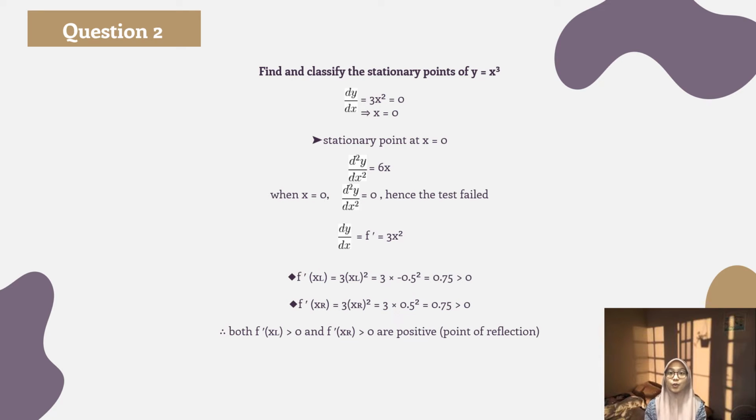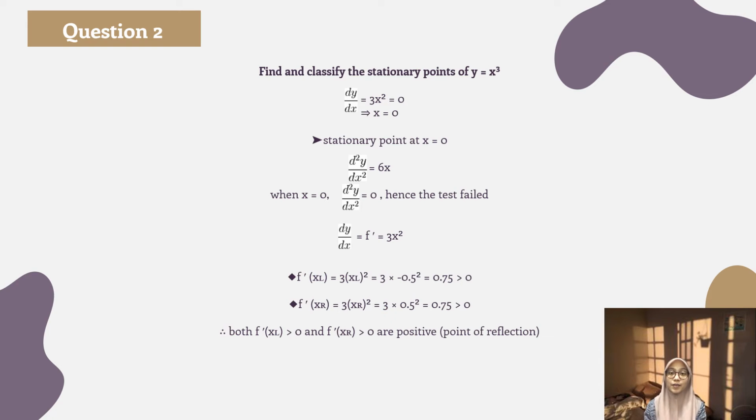Now as dy/dx = 3x², we have f'(x_L) = 3x_L² = 3 × (−0.5)² = 0.75, which is more than 0.